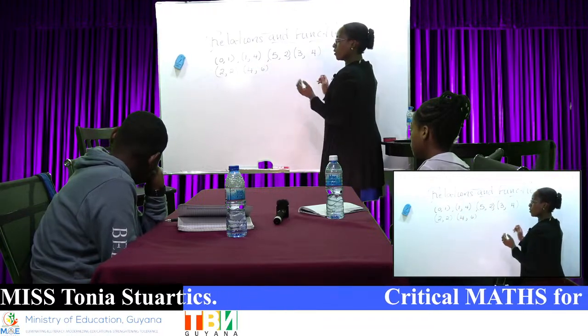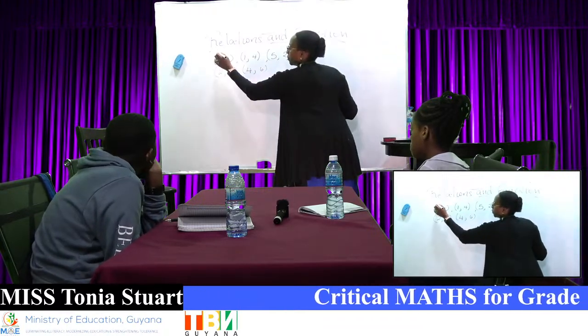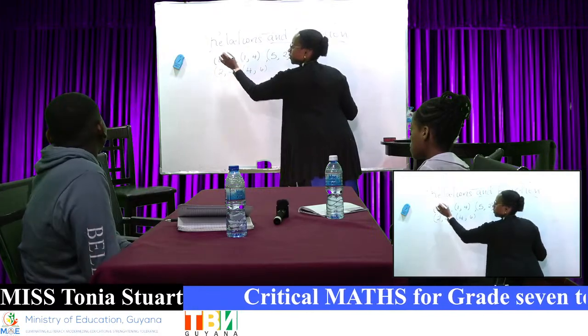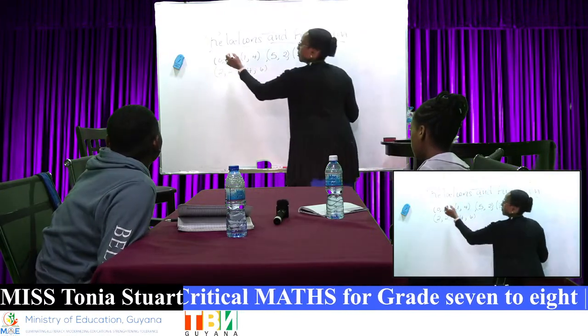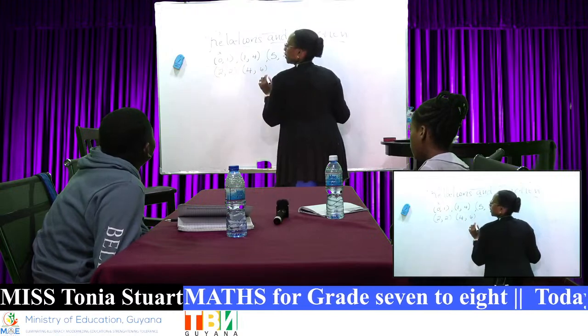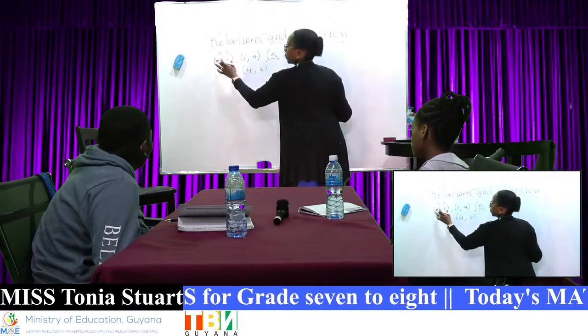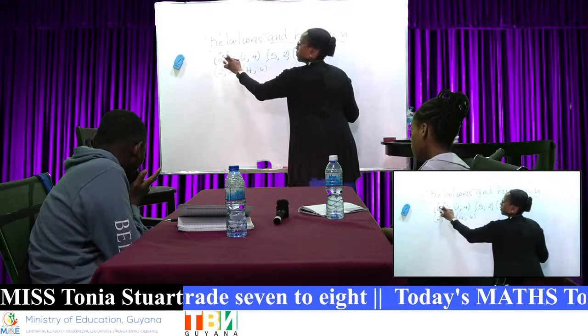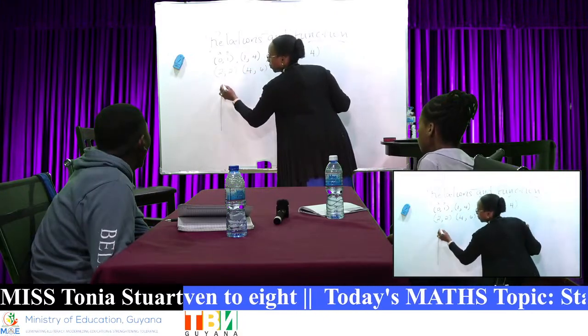So we have some order pairs here. What does this value represent? X. And the other value represents? Y. Good. So in every pair, we have an X value and a Y value. So let's create our mapping.